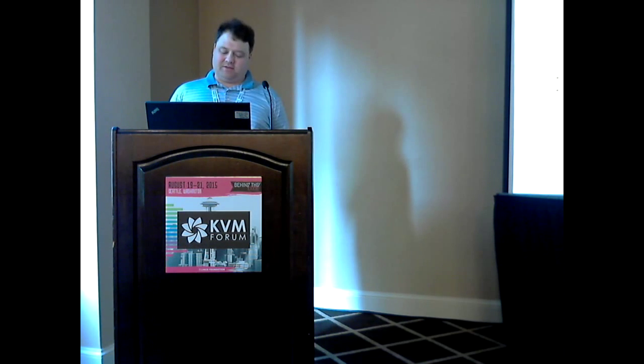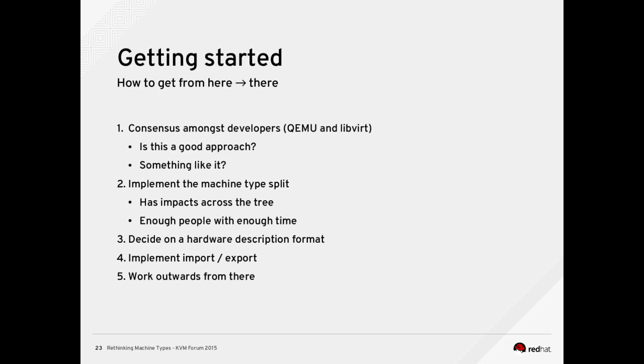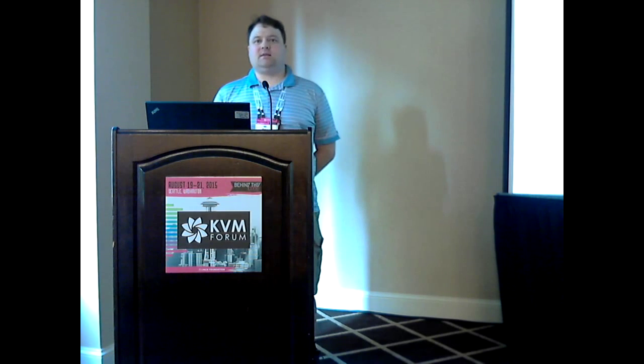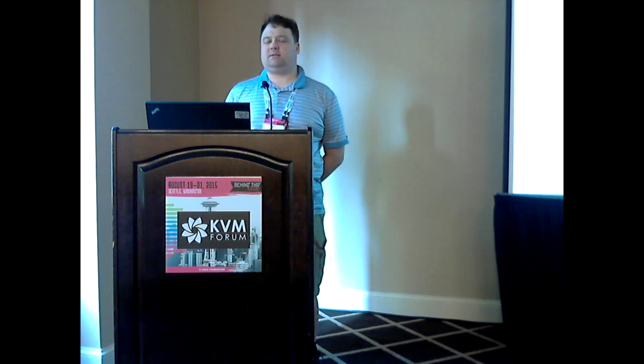So almost done. The question is, how do we get from where we are now to somewhere like this? Obviously, the first thing is consensus amongst developers of QEMU and libvirt that this is a good idea, or another idea that is something like it. The next step is splitting the machine type, as described.